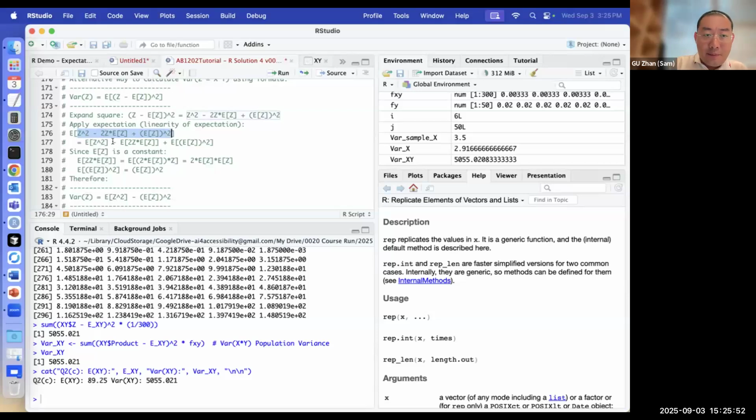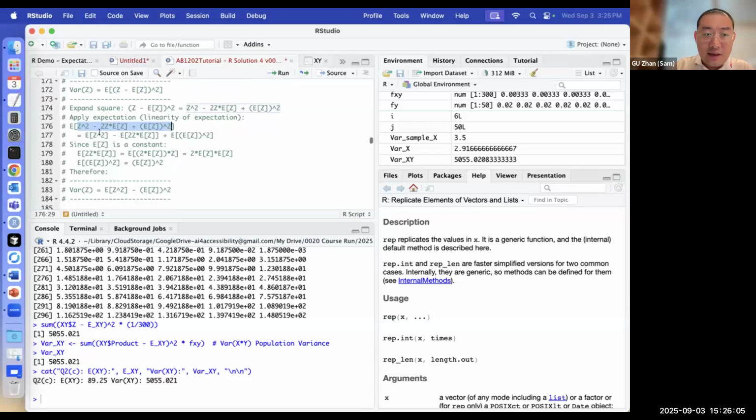Z power 2 minus, so by linearity, minus expected of 2z times ez, plus this part, okay? Since ez is a constant, this part is a constant. You need to take note, the expected value of z is a constant, it doesn't change, right? As long as your z value has been fixed, which is a fixed list of x times y. So it's deterministic. So ez is a constant.